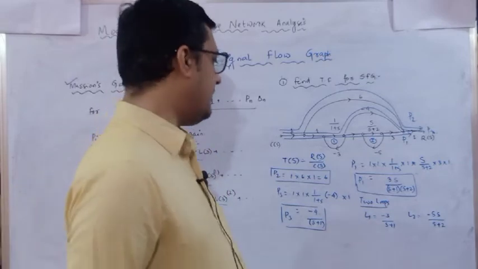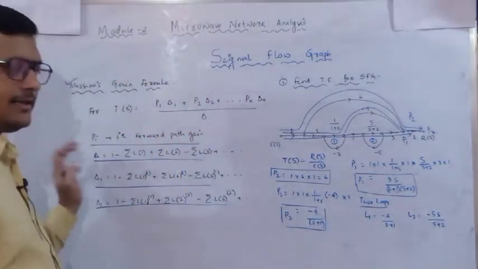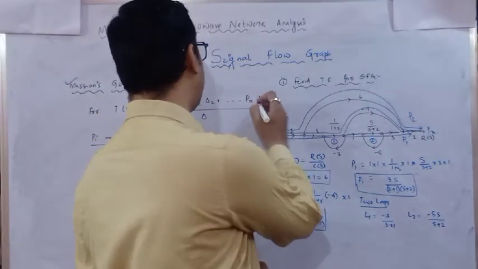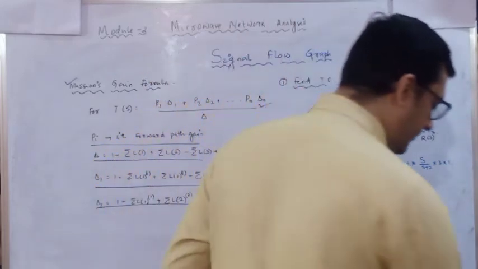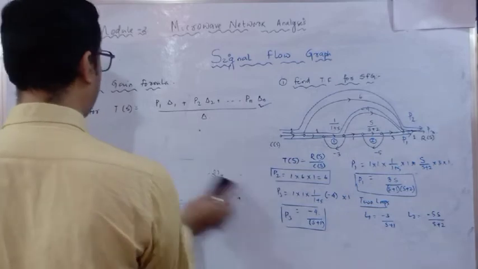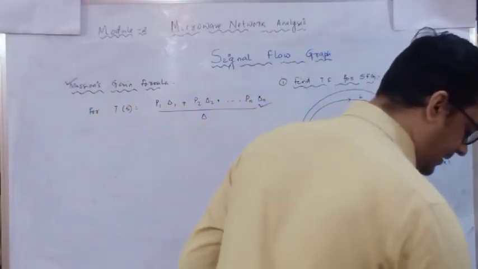Now loops are there, path gain is there, you need to calculate del, then you have to calculate del 1 and del 2, and then substitute in this particular equation, Mason's gain formula. So let me write that del value.